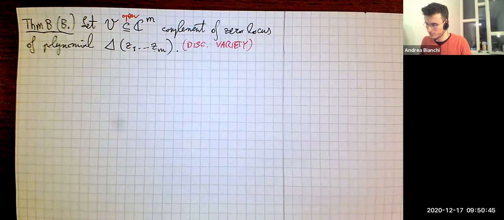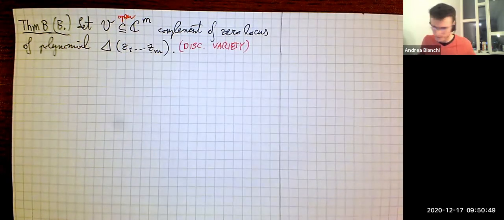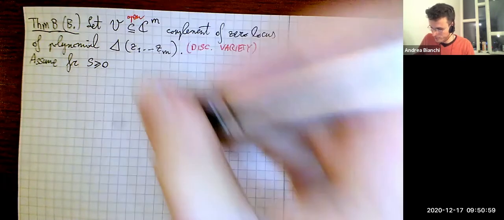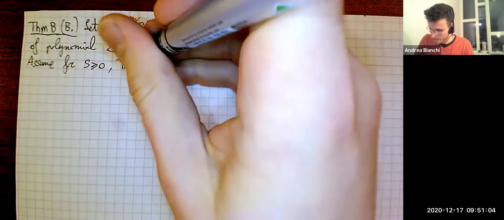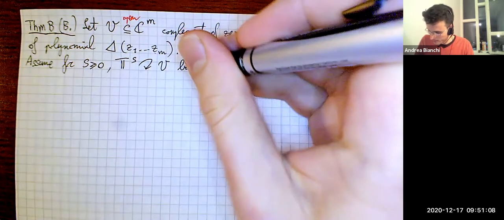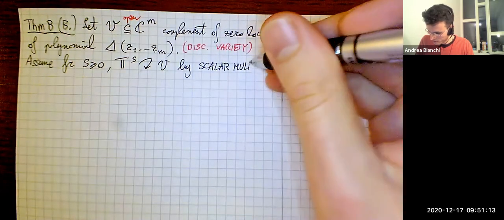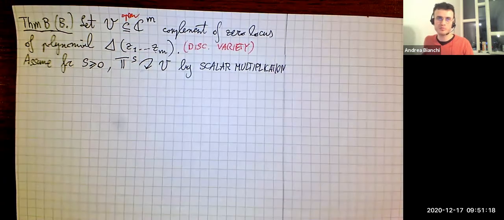Okay, you can think of V as an open subspace of Cm, and now assume the following: that for some s at least 0, the torus Ts acts on V by scalar multiplication. I will tell you in a second what I mean by this.